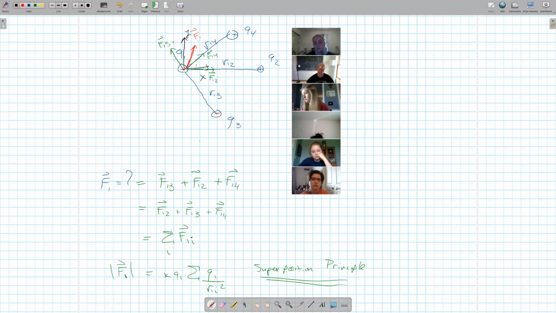And then in the x direction, F13 is negative x, F12 is positive x, and F14 is also positive x. So we mostly only have to pay attention to the signs when we're drawing the vector lines for them. And then after that, we just use our coordinate system.